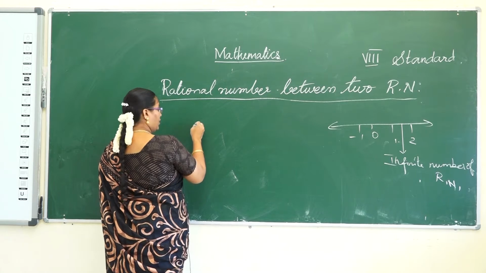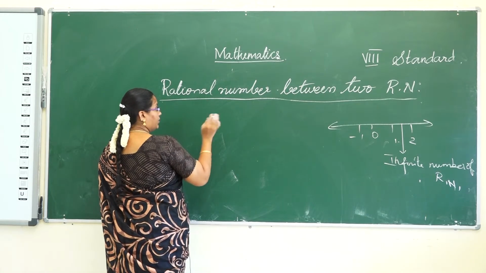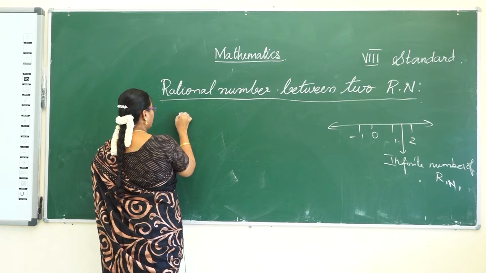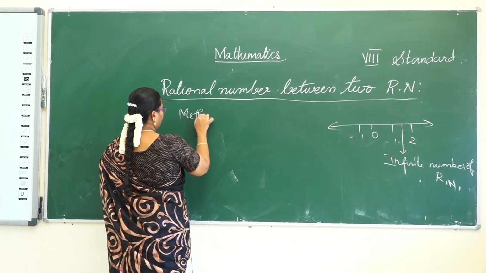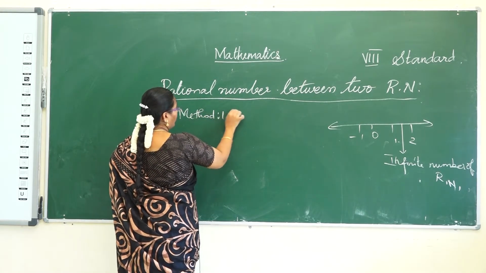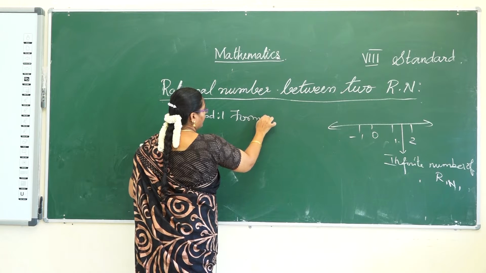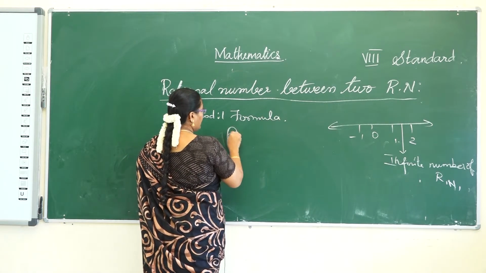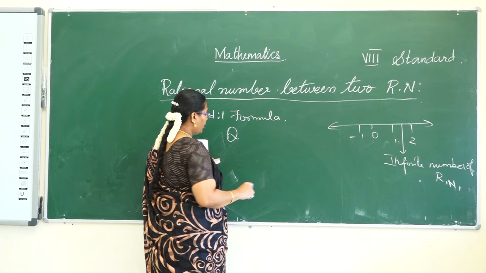So, one of the formulas to find the rational number between two rational numbers. Okay. So, first one, method 1, formula. The rational number is denoted by Q, already you know, is it?